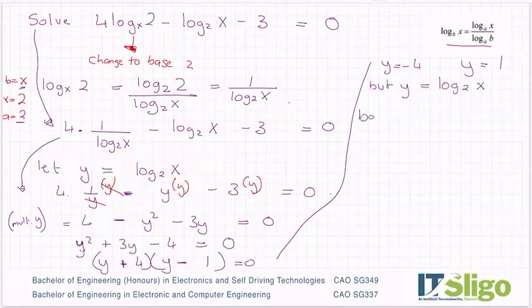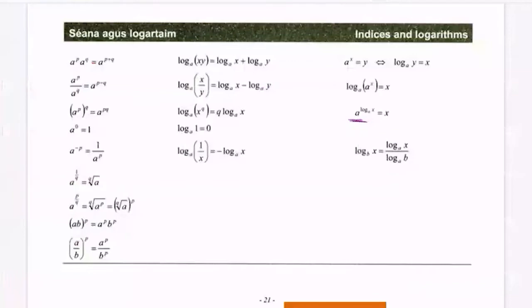So therefore, we can now say that log to the base 2 of x is equal to minus 4, which was our y, and log to the base 2 of x is also equal to 1, which was our other y. So I'm going to use this rule like I normally do to cancel the log and be left with just the x.